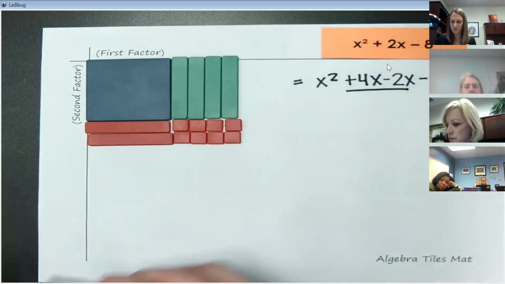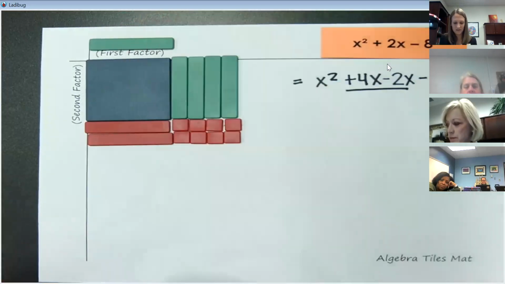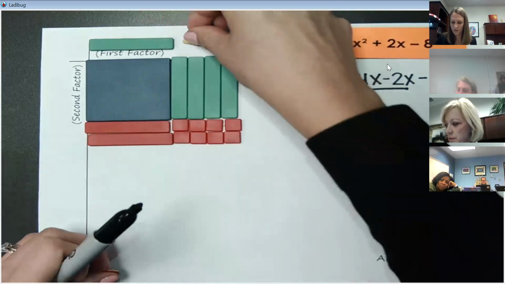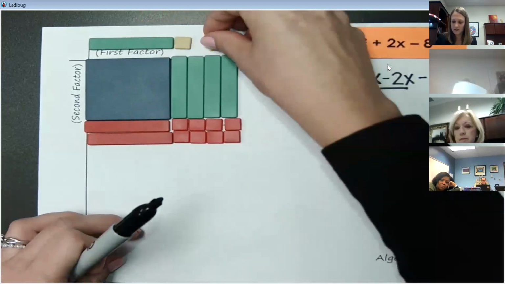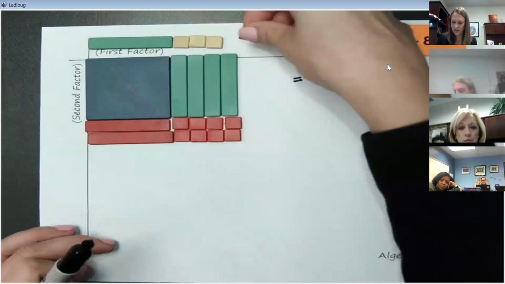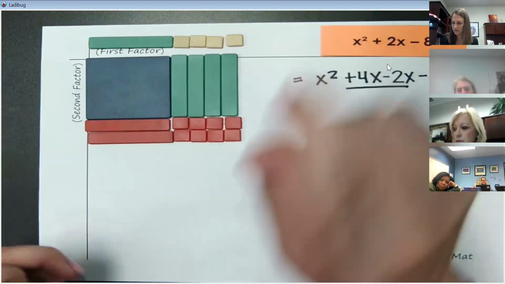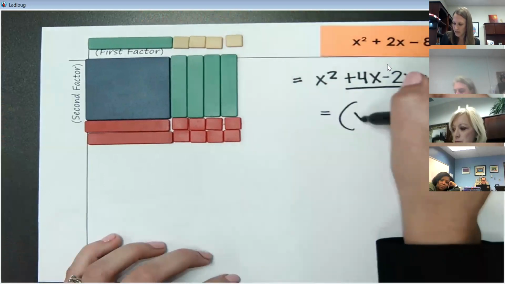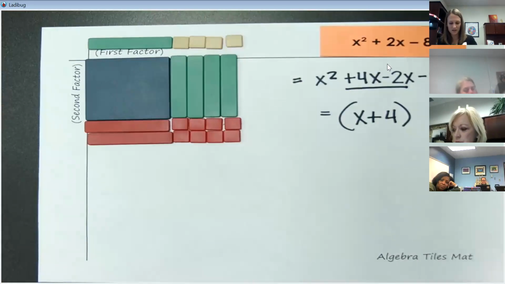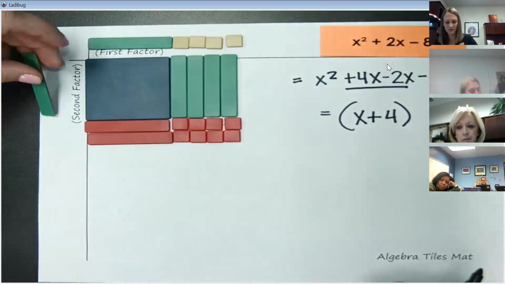So if I looked at this one then, I really have an x, and then I'm seeing 1, 2, 3, 4 positive 1 units. So my first factor for x squared plus 2x minus 8 is actually considered x plus 4. Okay, I'm going to do it again on the second factor. So I see my positive x.